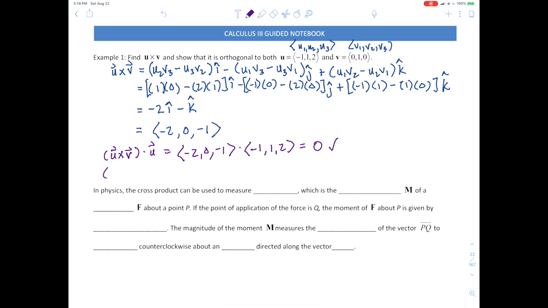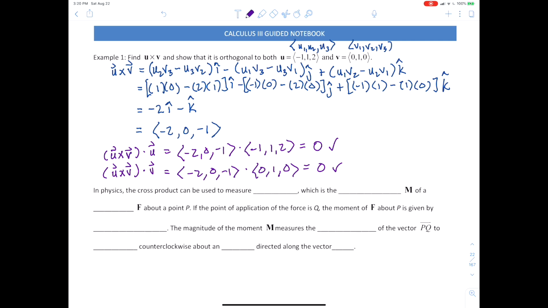And then, so that means they're orthogonal, and u cross v dot v will be negative 2, 0, negative 1 dot 0, 1, 0, and that is 0 plus 0 plus 0, which is 0. Check.